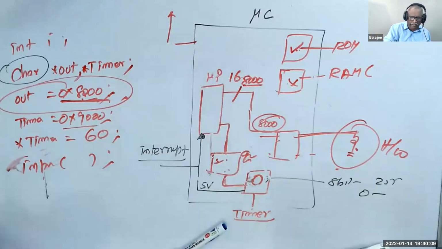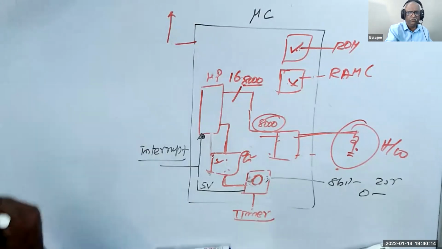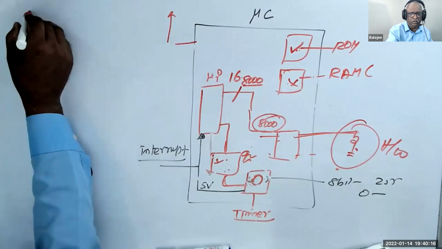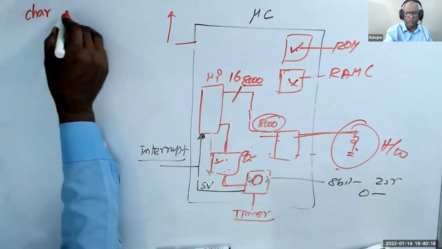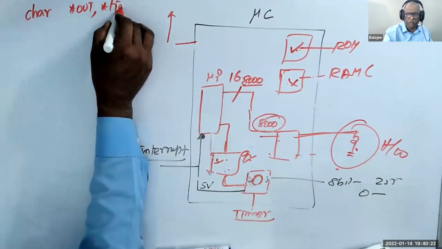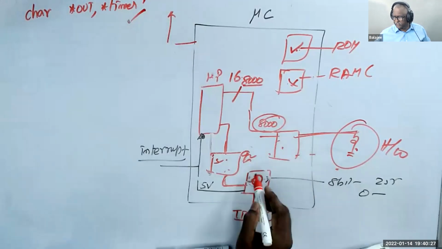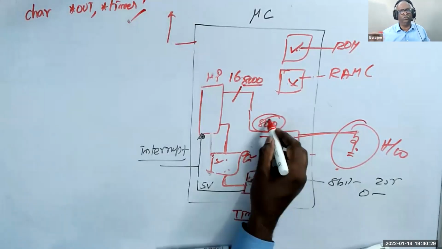The moment you get a 5 volt, the microprocessor will respond, since you are doing some work here. Now I'll write it here, slightly bigger, then you will understand. I'll say char star out, star timer. There are 2. I have 2 devices. This guy is 9,000. This guy is 8,000.